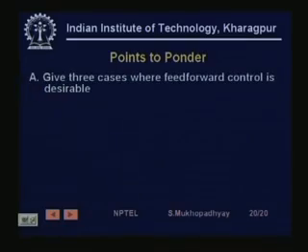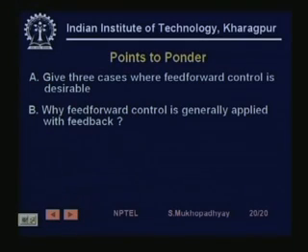Finally, we come to some points to ponder, that is, which are the cases where feed forward control is desirable. Cases where the disturbance will take a lot of time to affect the output, and the disturbance can be measured, those are the cases. And why feed forward control is generally applied with feedback, you will find an answer in this text.